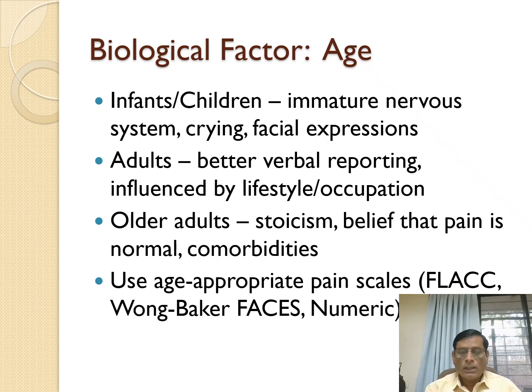Whereas if you come to older adults, more than 60, 70, they believe that pain is normal and they have various comorbidities. They are used to the pain. They may have diabetes, hypertension. So stoicism means what? It is accepting what you cannot control, especially as you grow older.